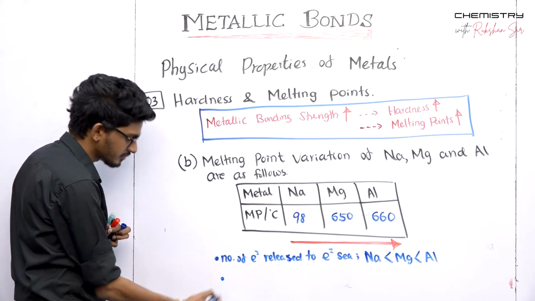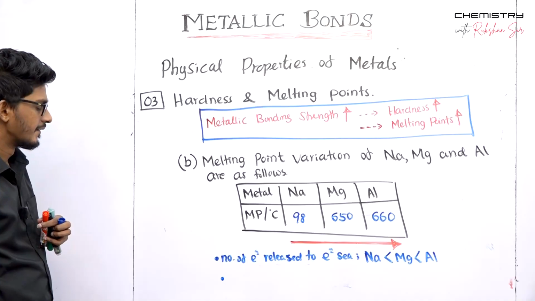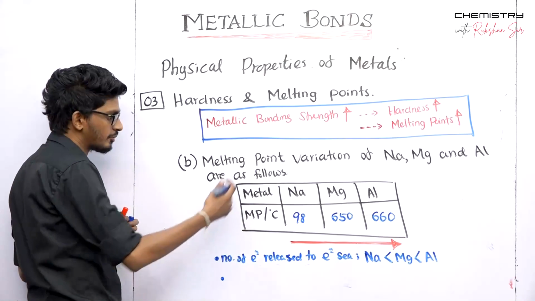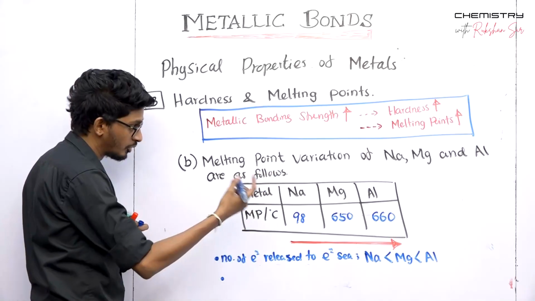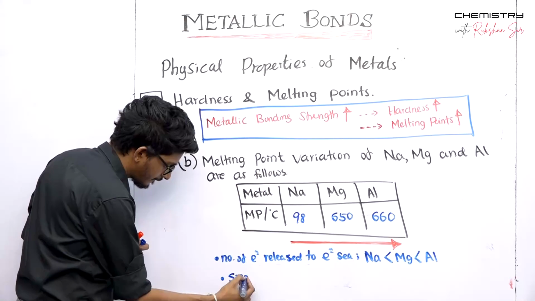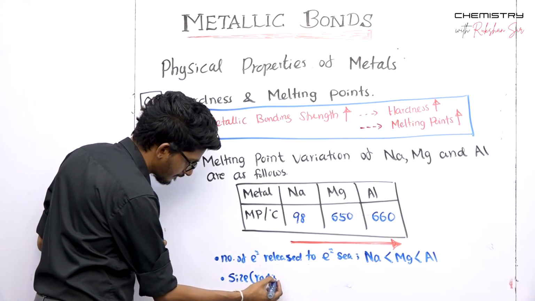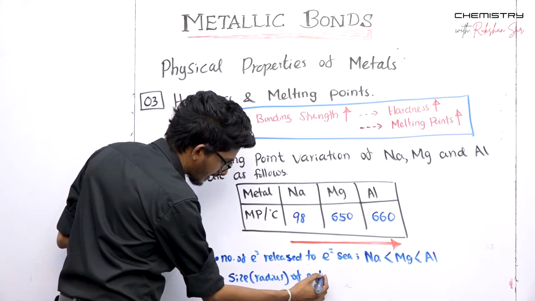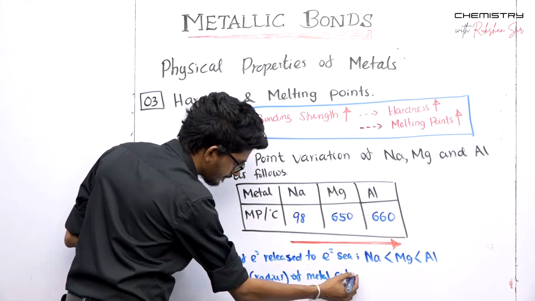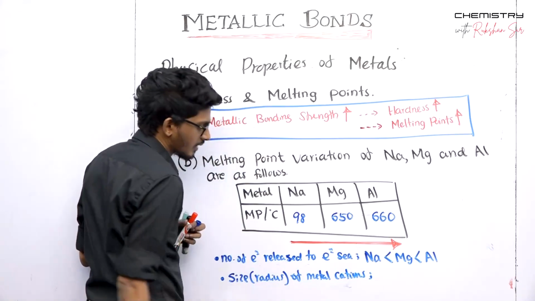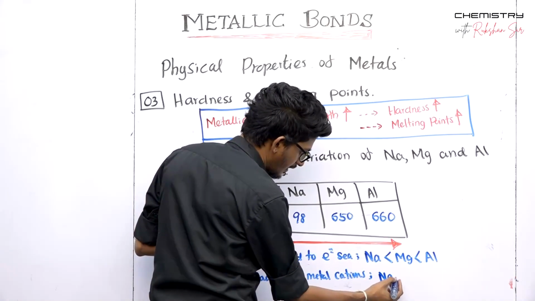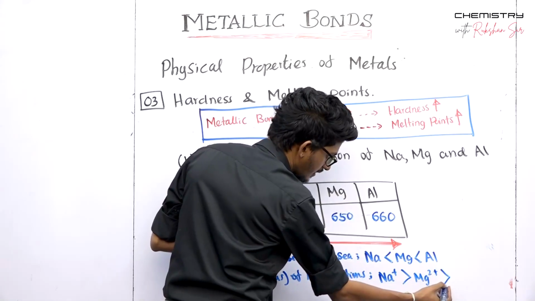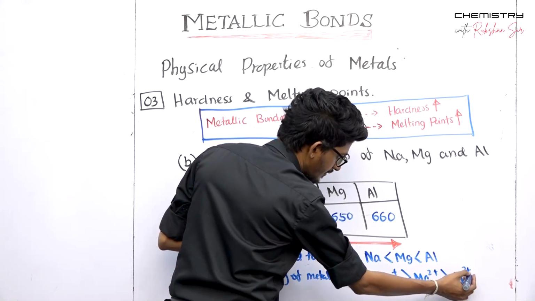Then the size of the cations also decreases going from sodium to aluminium. The size or radius of metal cations will be like this: Na plus is larger than magnesium 2 plus, which is larger than aluminium 3 plus.